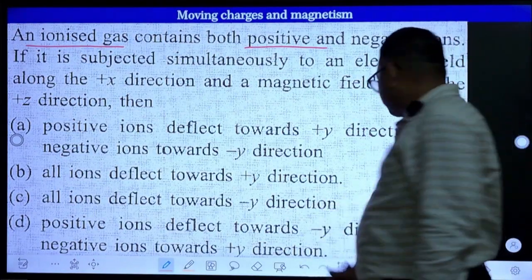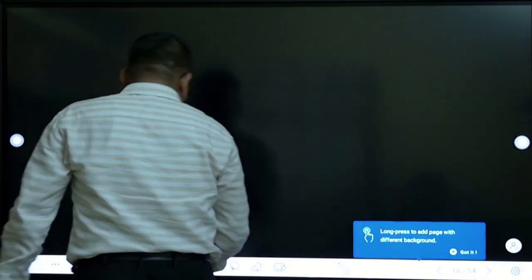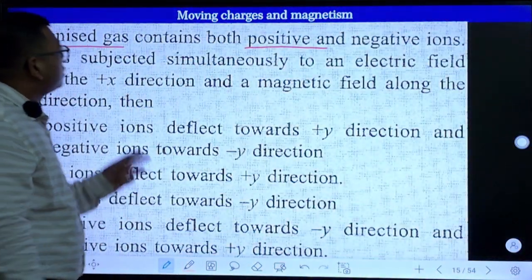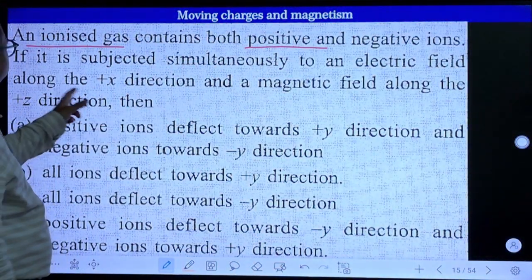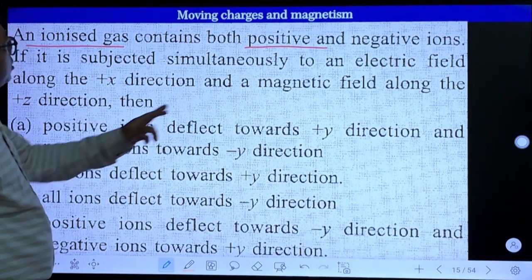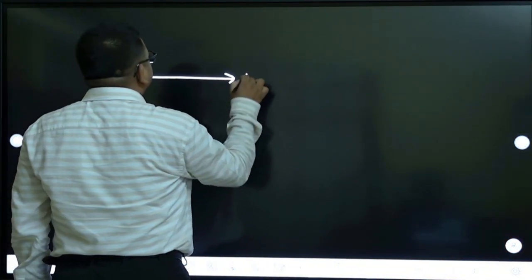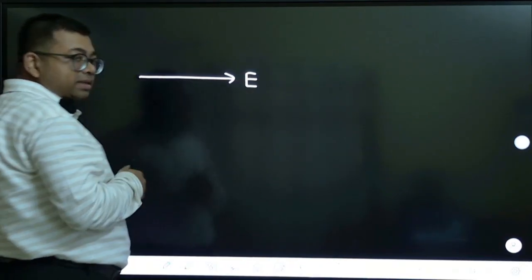So first of all, try to draw that. Draw these fields. Which directions are the fields? First we'll draw the fields. The electric field is in the positive x direction. The magnetic field is along the positive z direction. So the electric field is along this direction, that means along the x-axis, right?